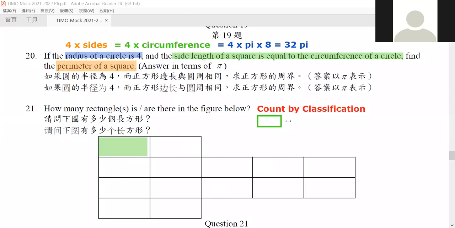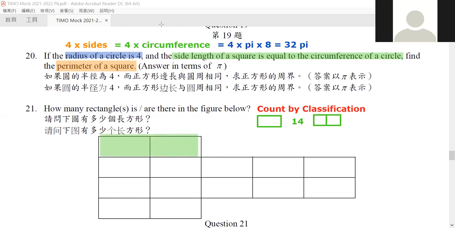So there will be 14 in here. This is the most basic of all rectangles. Now, after this, we have a rectangle which is elongated, combining two rectangles side by side, like this.